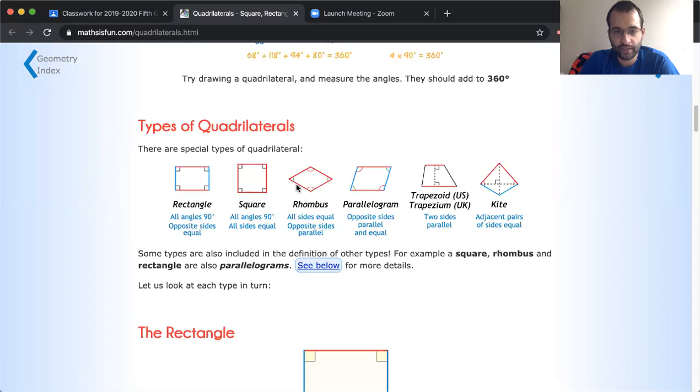Rhombus, all sides are equal, so every single side is equal, and the opposite sides are parallel. Now remember, parallel, so this side and this side are parallel, and this side and this side are parallel, which basically just means that they are never going to touch. So let me see if I can actually do something here.